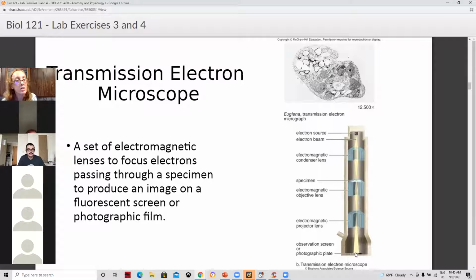So you can see how they're very similar. They both work to condense wavelengths. The light microscope uses light wavelengths. The transmission electron microscope uses wavelengths of electrons.